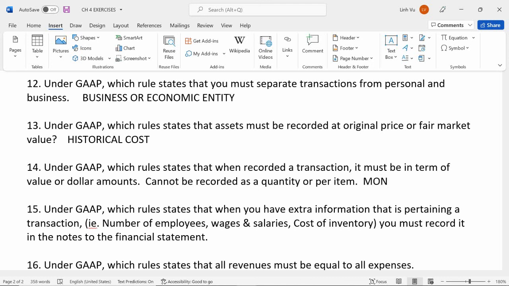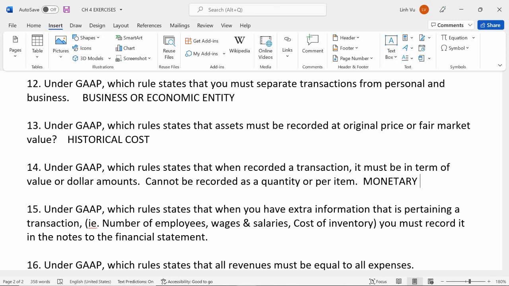Monetary, good. I'm only looking for the general principle. I don't need you to tell me that this is monetary measurement.